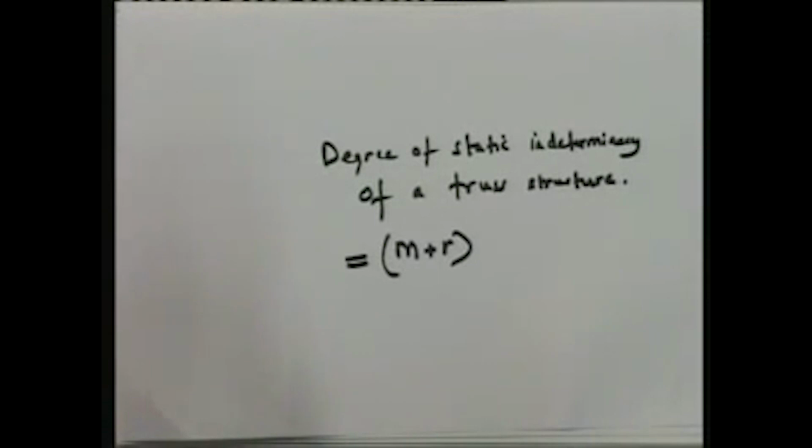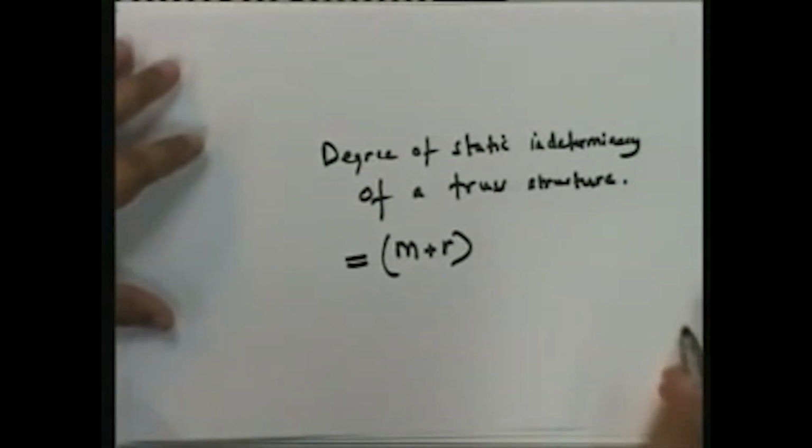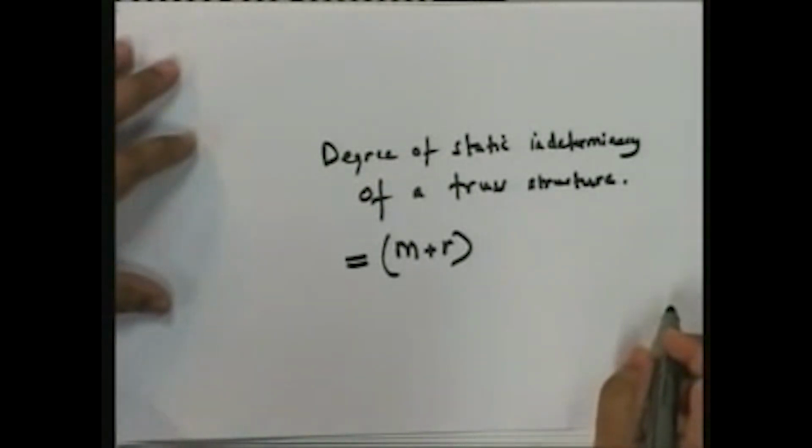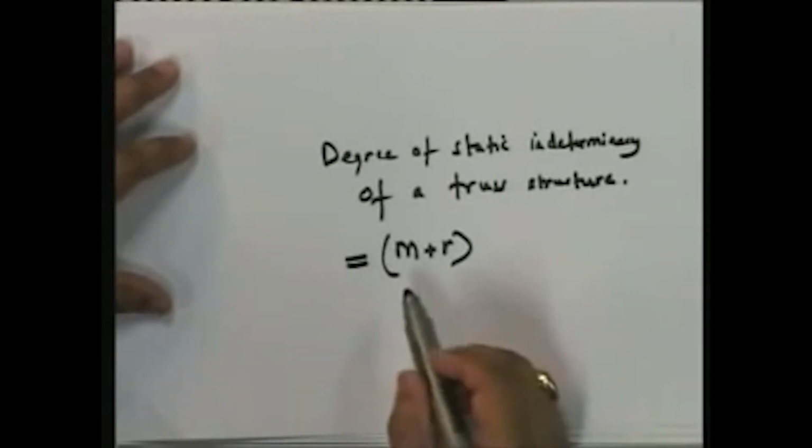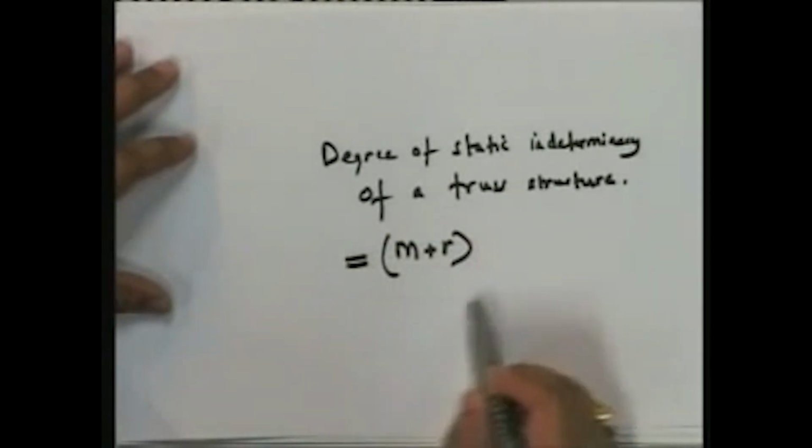So therefore, the degree of static indeterminacy of a truss structure is equal to m plus r.